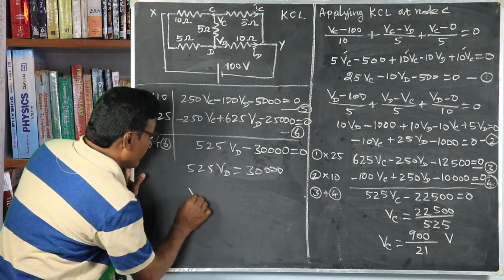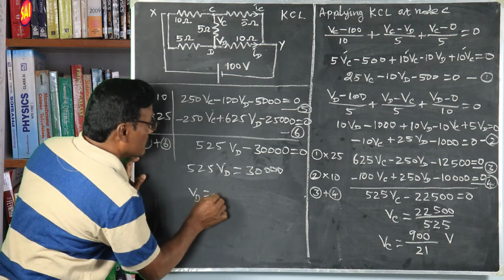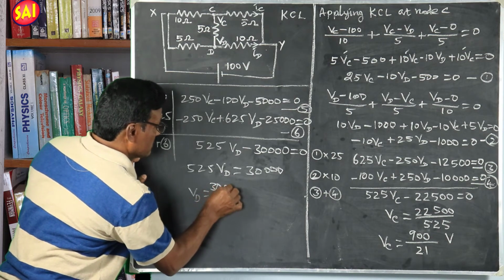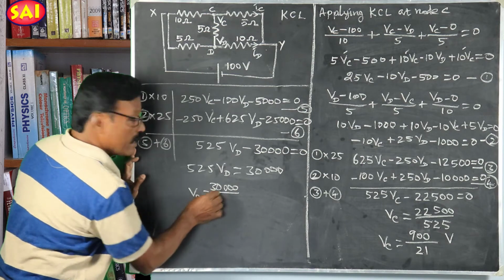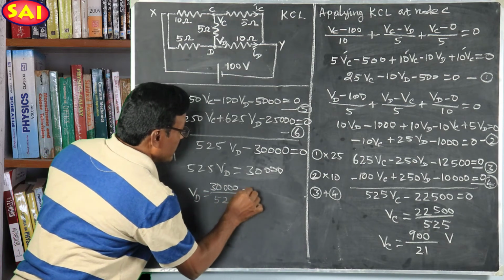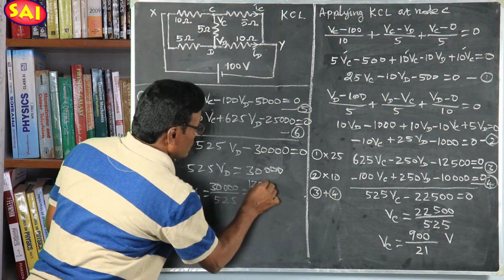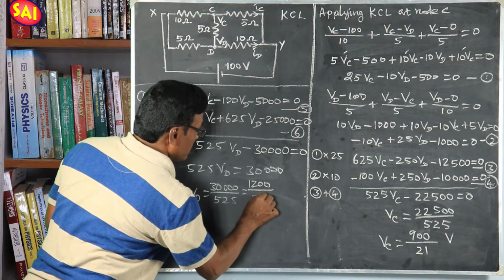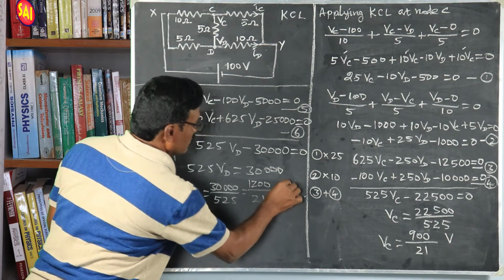Therefore, VD is equal to 30,000 by 525, which will be equal to 1200 by 21 volts.